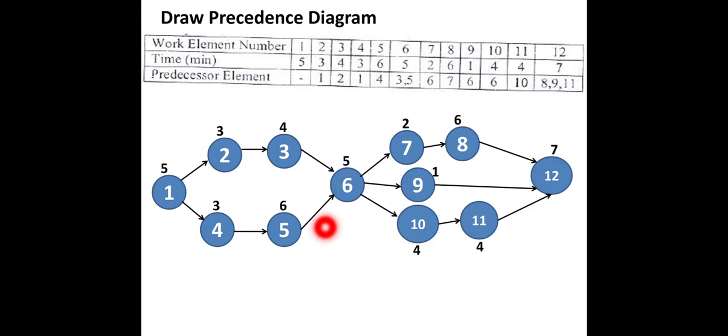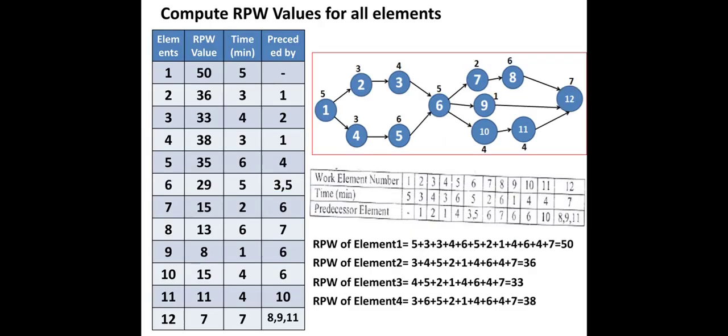Now let us see how to calculate the RPW values. You need to draw a table with the headings elements, RPW value, corresponding time and preceded by. First I will go for element number 1.